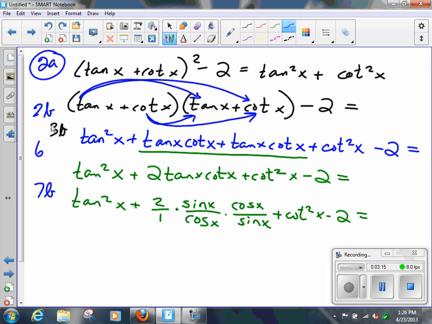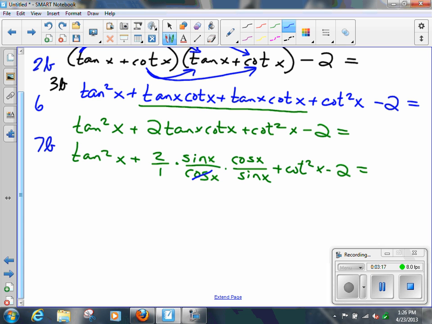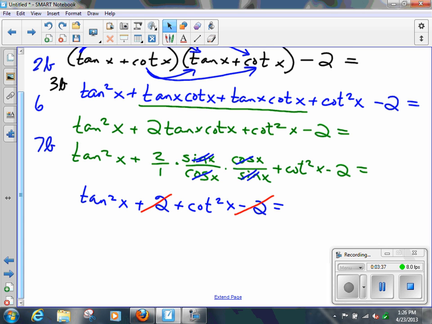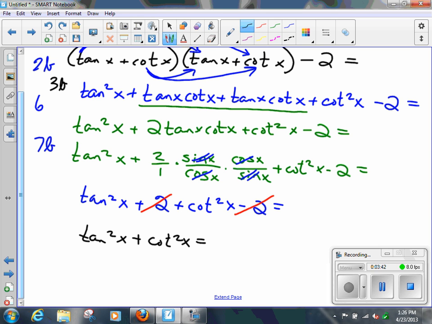And look what's going to happen. They will equal 1. I'm going to mark that out with 2. And it leaves what in the middle? 2 times 1 is 2. And now what? The 2's cancel. I'm left with tangent squared x plus cotangent squared x equals tangent squared x plus cotangent squared x. Okay? Does that help?